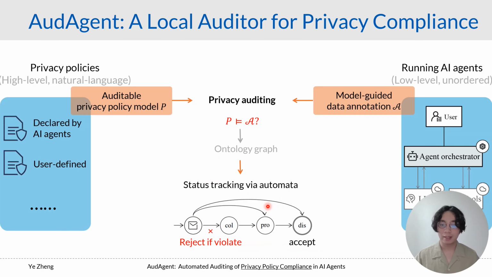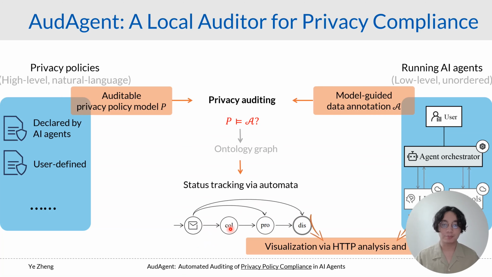After this, we can track each data instance's status via an automaton. For each data instance, we have an automaton to check its transitions between collection, processing, and disclosure, and we also track its retention period. If at some point it does not satisfy the transition constraints, we will reject it.